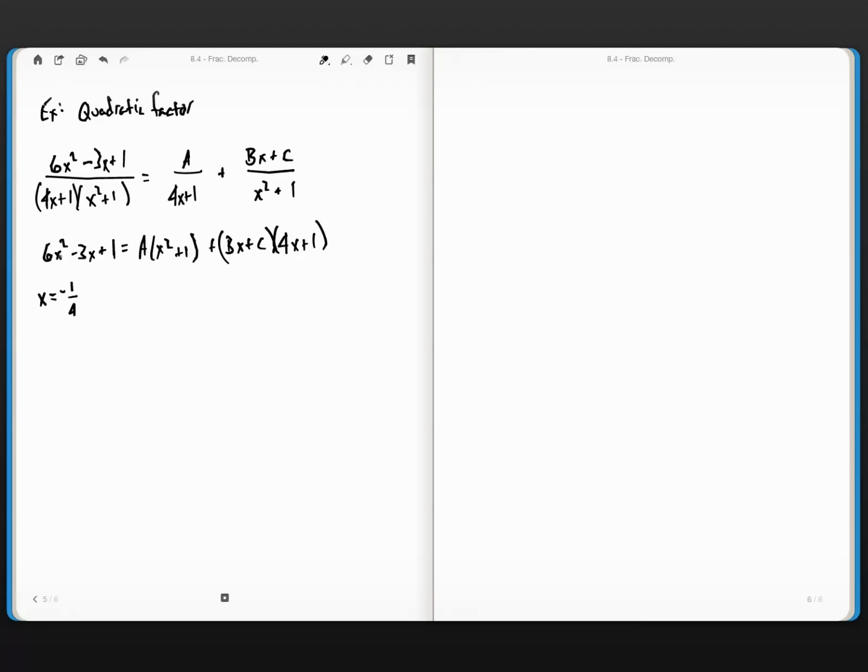So let's see, that's 16ths. 6/16 plus 3/4 plus 1 equals, and then squared that is 16ths, so that's 16/16 plus 1/16 is 17/16.